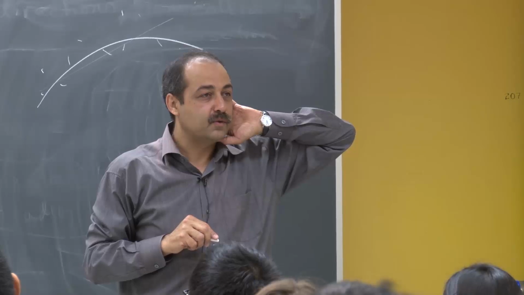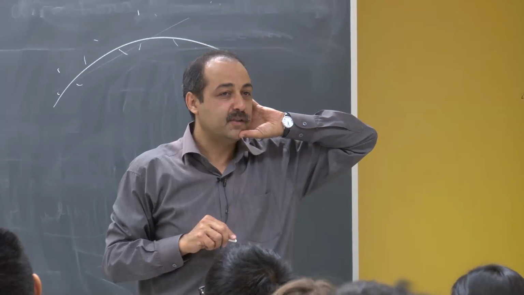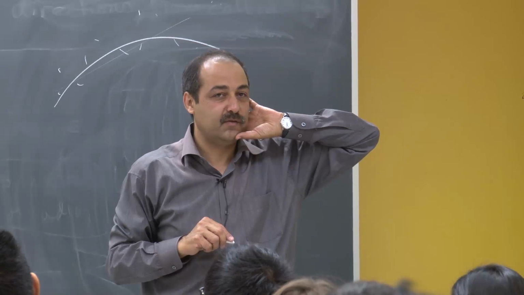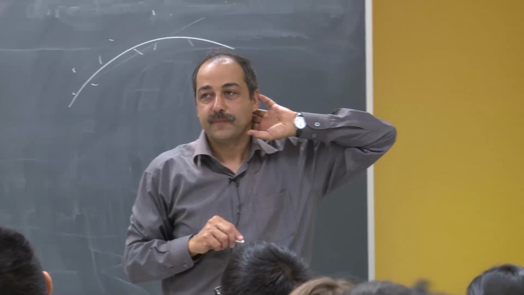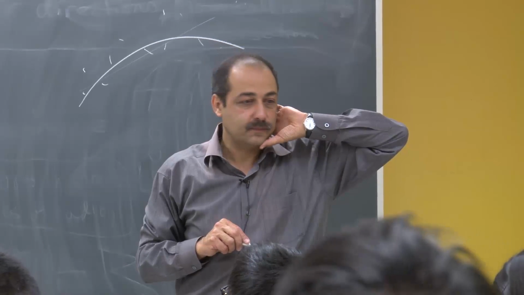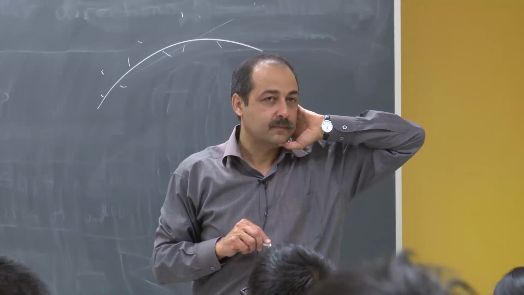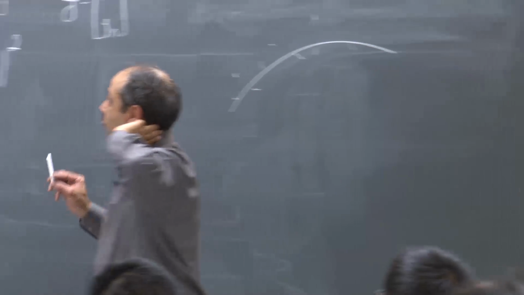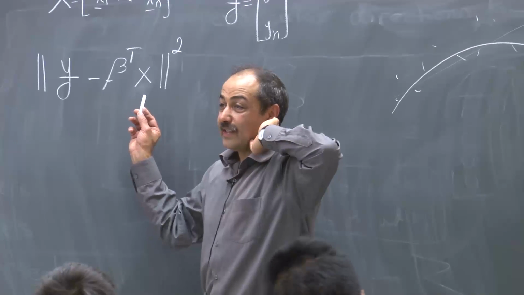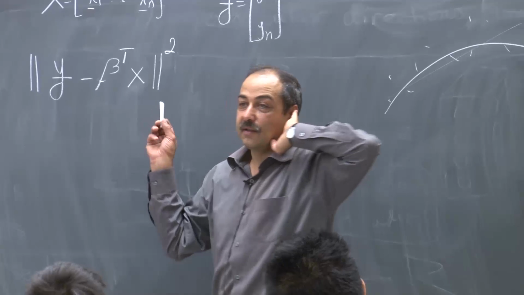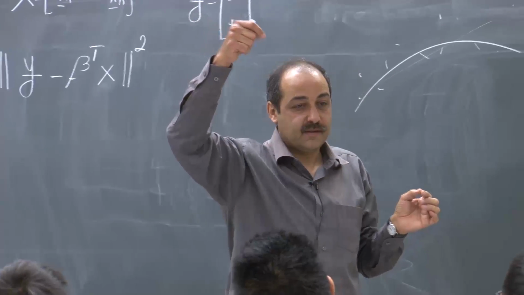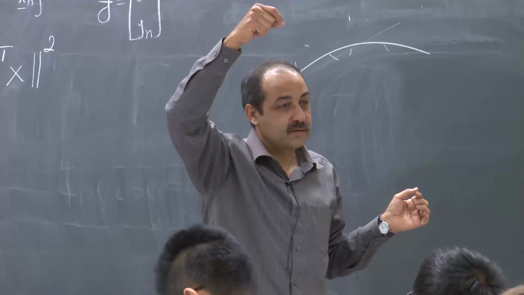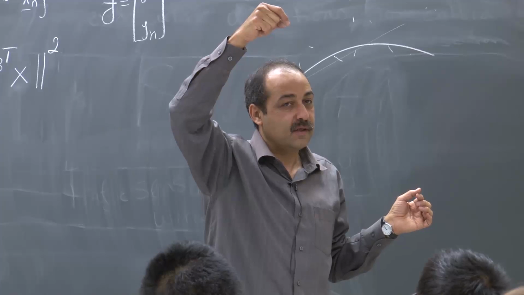What can I do? Is there any suggestion how to fit a quadratic function? So a simple trick that you can do is to extend your X and extend your beta. Okay?